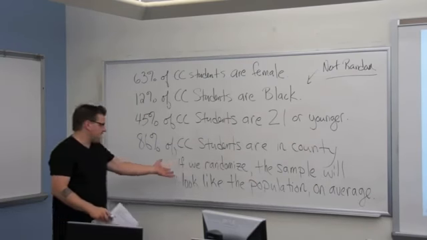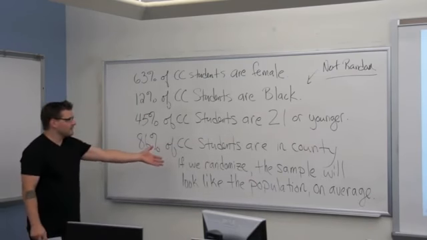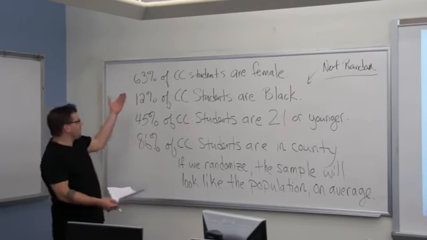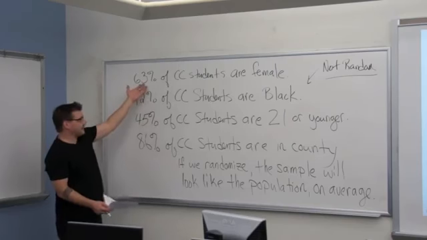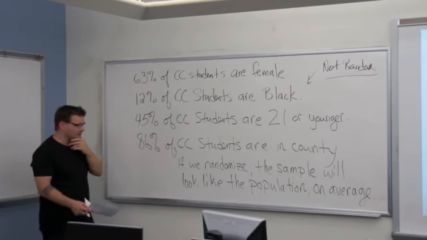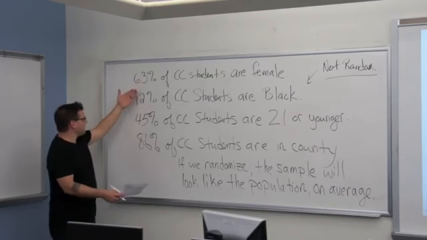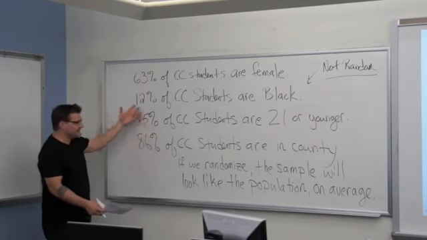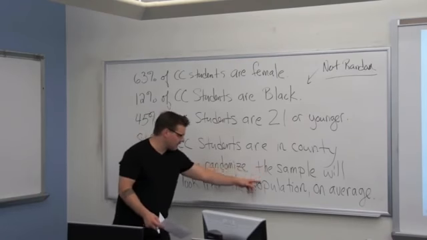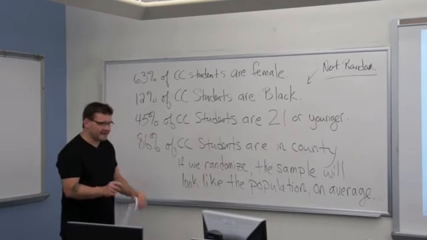And so we'll always strive to collect random samples, right? Once in a while, something might be very important to us. We might want to have our sample be exactly 63% female and 37% male. Okay? But when we start doing this to try to mimic perfectly, it's not going to work. If you stir the pot, the sample will look like the population on average, and that's exactly what we're striving for.